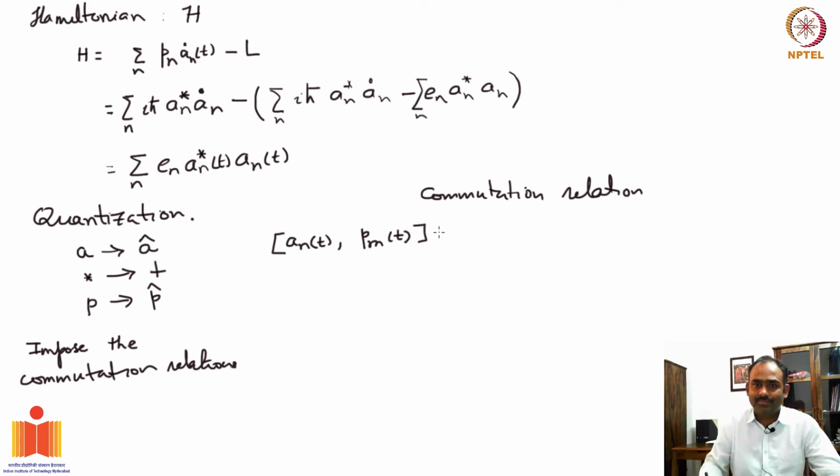So I get iℏ delta mn, that's the prescription of making quantum theory. This delta mn is coming from the Poisson bracket.